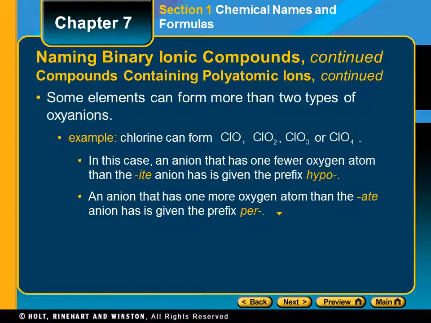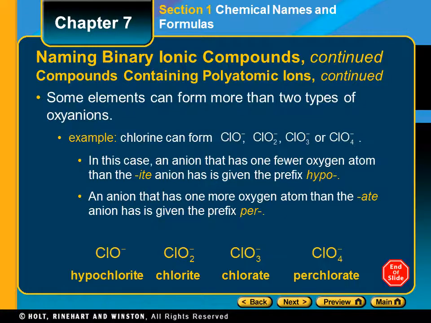The anion that has 1 more oxygen atom than the ate anion is given the prefix per. So the ClO negative would be hypochlorite. ClO2 would be chlorite. ClO3 would be chlorate. ClO4 would be perchlorate.